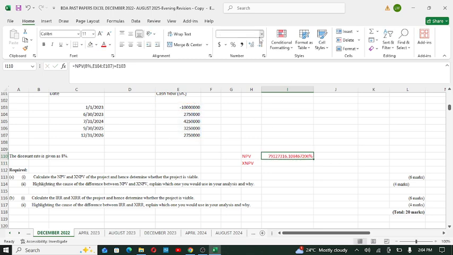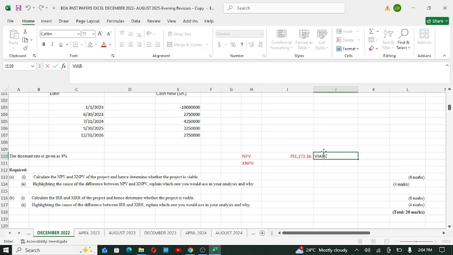We can convert this into a value and round off to 2 decimal places. This will be 791,273.27. So this is our NPV. Is the project viable or not? It is viable because our NPV is positive. Remember, when our NPV is positive, the project is viable.